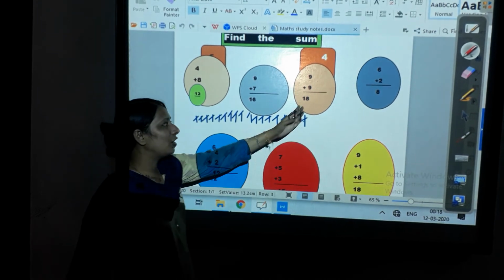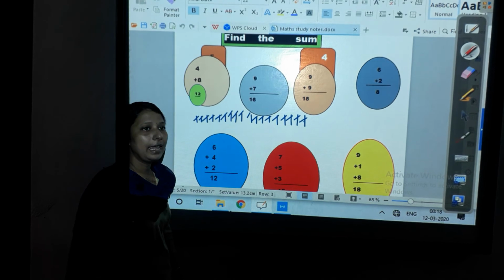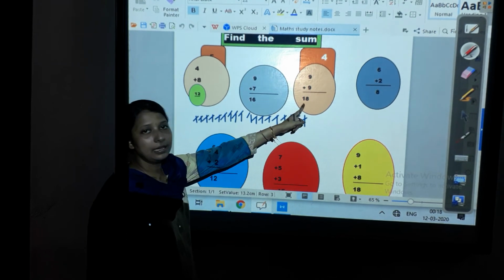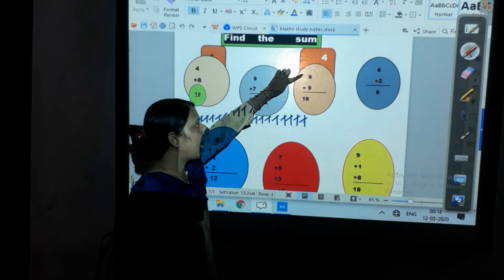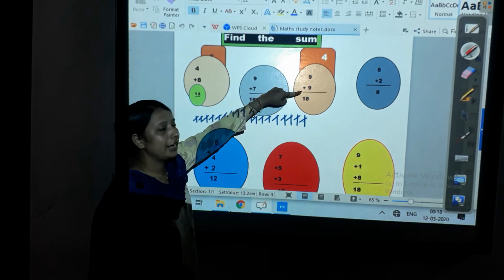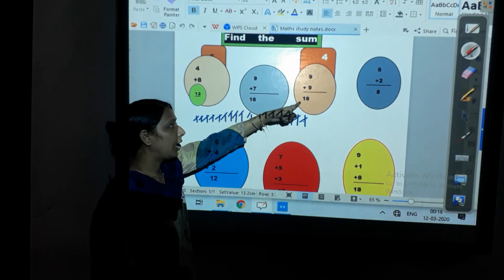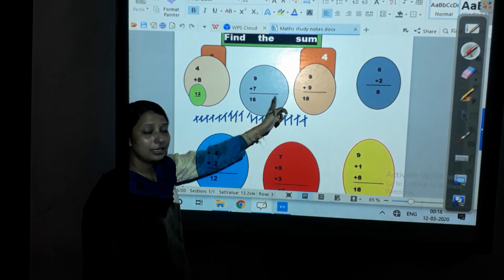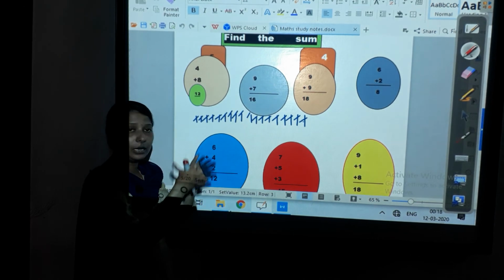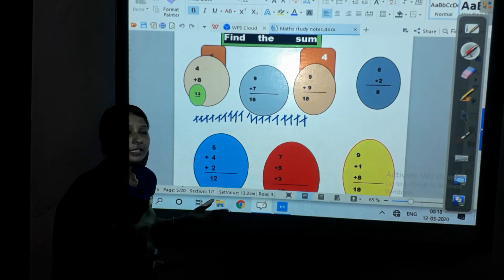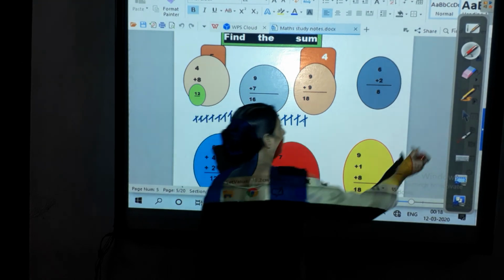See, the answer is 18. So the sum is 18. First addend was 9, next addend was also 9, and the sum is 18. The total sum of 9 and 9 is 18.